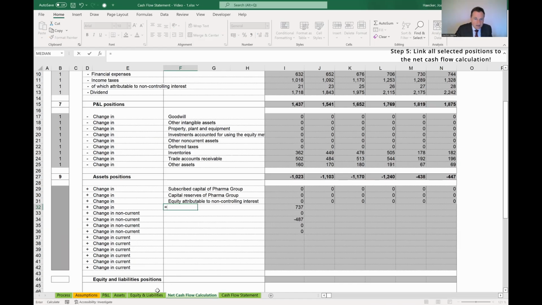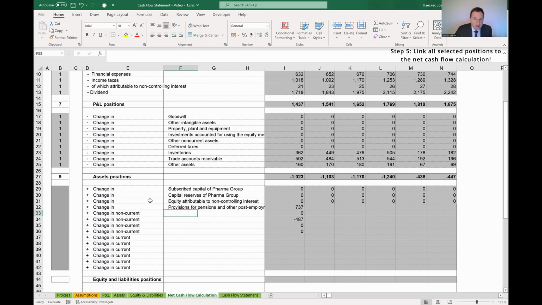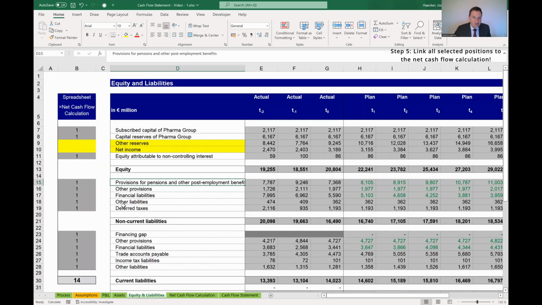I'll do that here. Equals provisions, and I move it all the way down to deferred taxes. From provisions to deferred taxes. Here, all the changes being calculated.